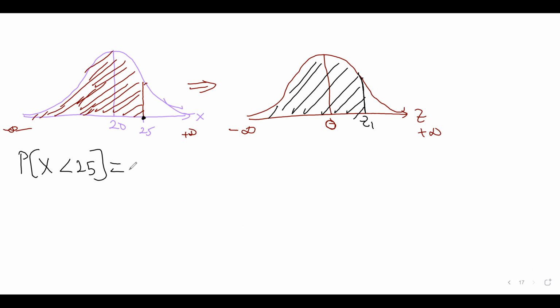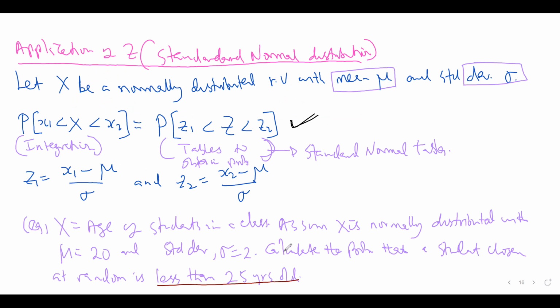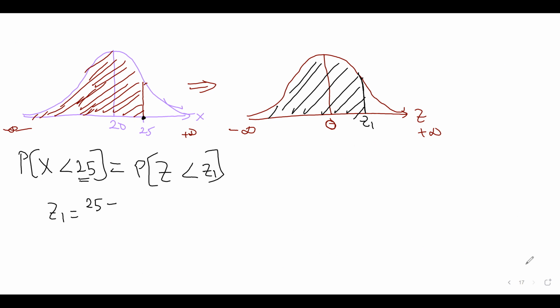Is the same as probability that z is less than z1, where this z1 is x, which is now this value here, minus my mu, which is given in here, which is 20, divided by my standard deviation, which is 2.